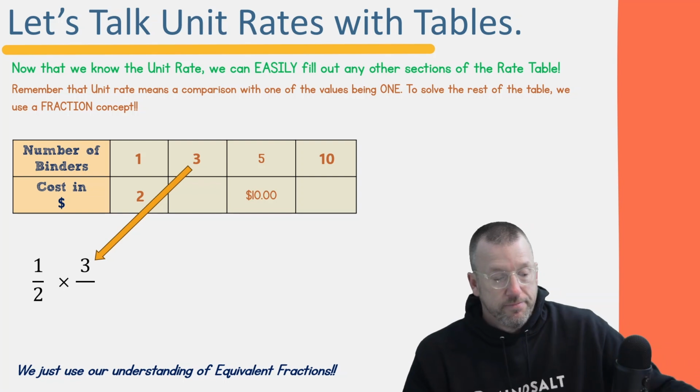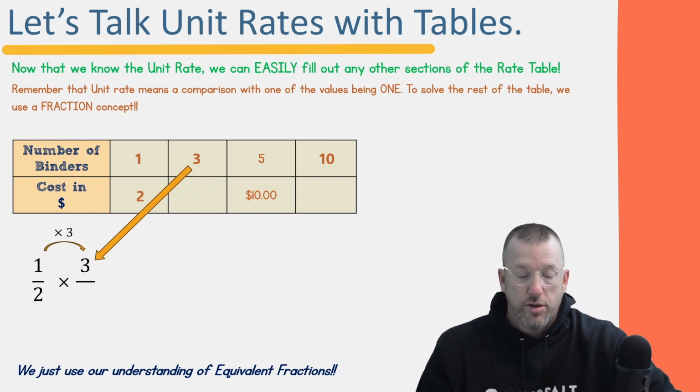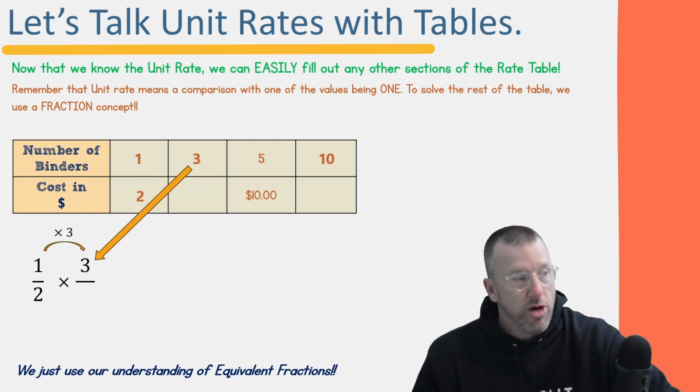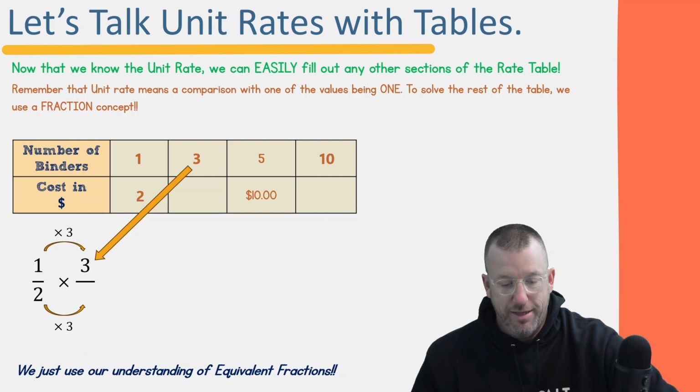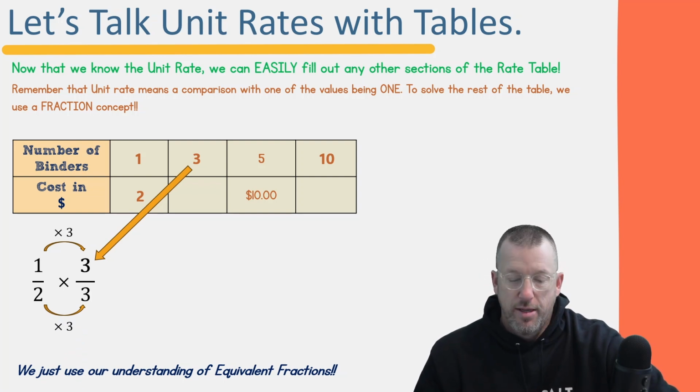We know in order to get from this 1 to 3, we multiply by 3. Remember, it has to be multiplication and division when you're dealing with proportions. It cannot be adding and subtracting. And with equivalent fractions, whatever we do to the top, we have to do to the bottom. So I multiply the bottom by 3 as well.